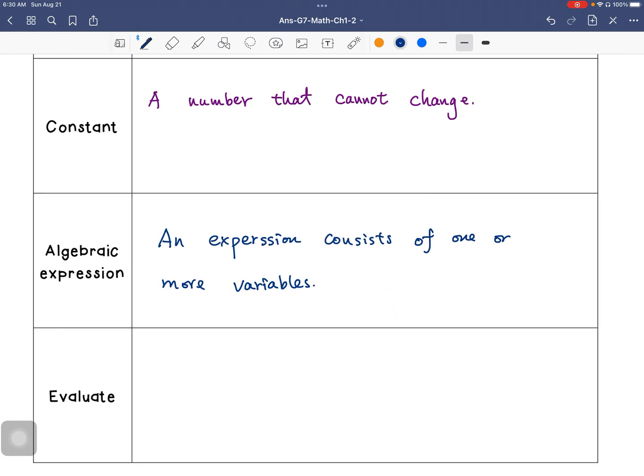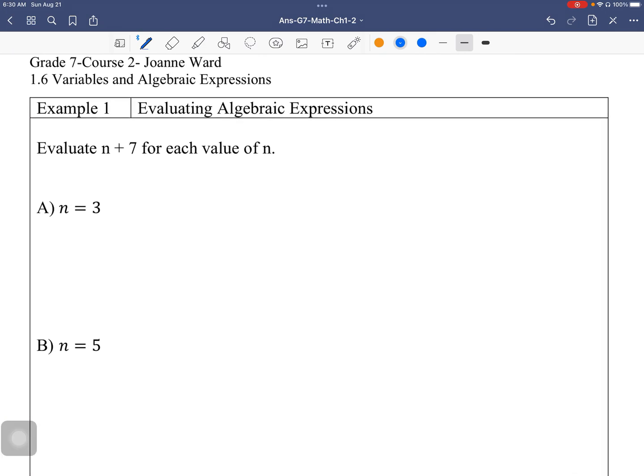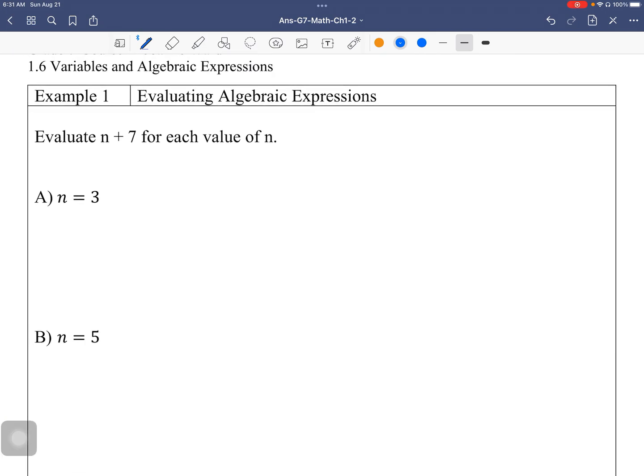So how do we evaluate? When we evaluate an algebraic expression, we substitute a number for the variable. Now, how do we evaluate n plus 7 for each value of n?